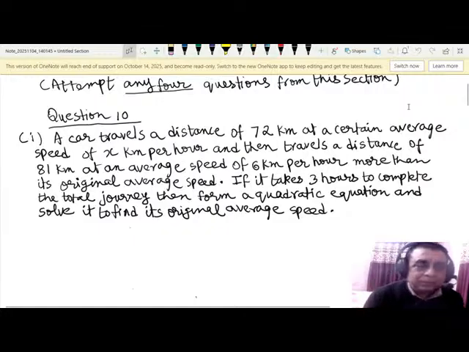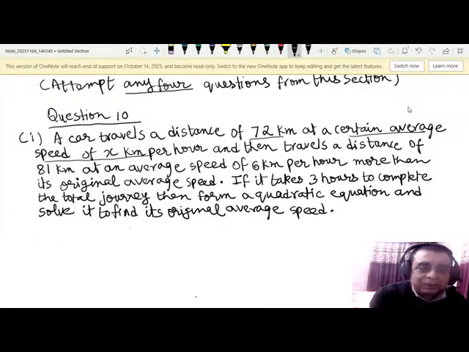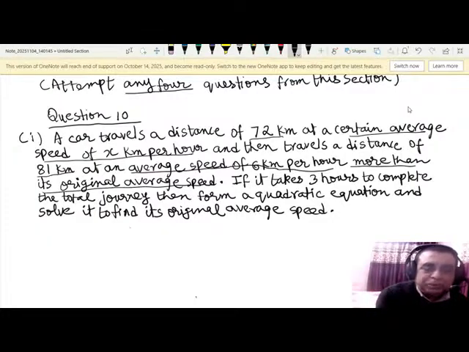So the first part: a car travels a distance of 72 kilometer at a certain average speed of x kilometer per hour and then travels a distance of 81 kilometer at an average speed of 6 kilometer per hour more than its original average speed.